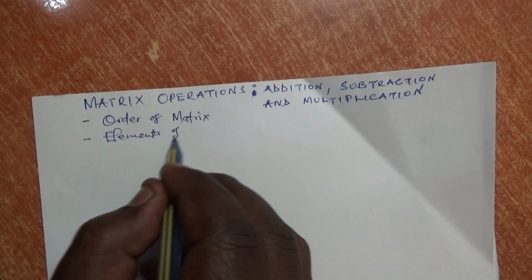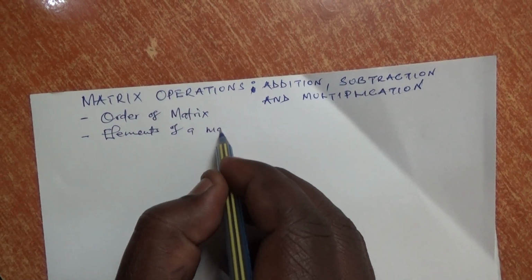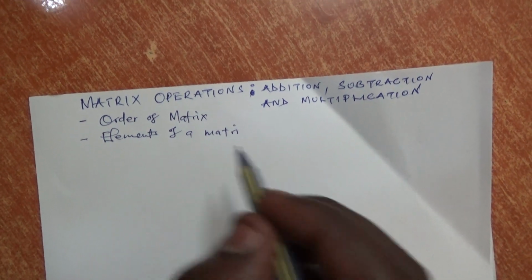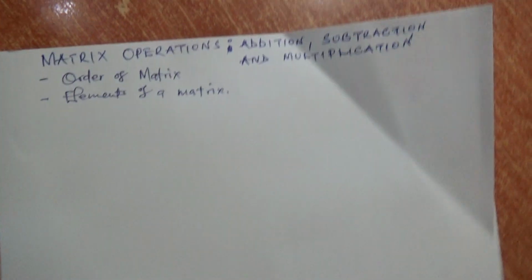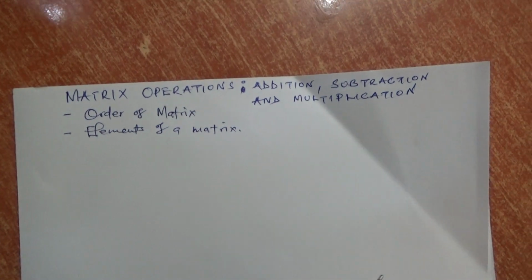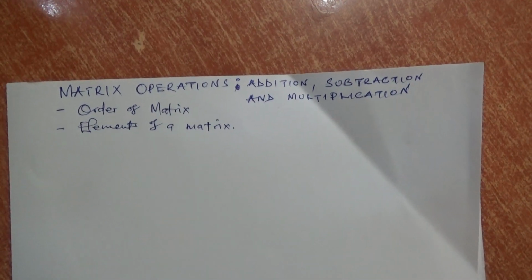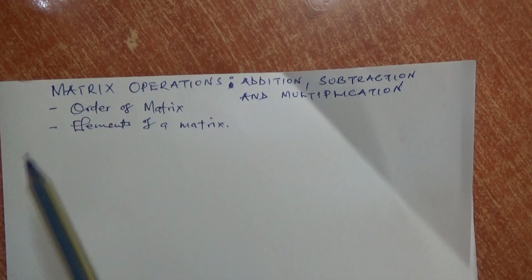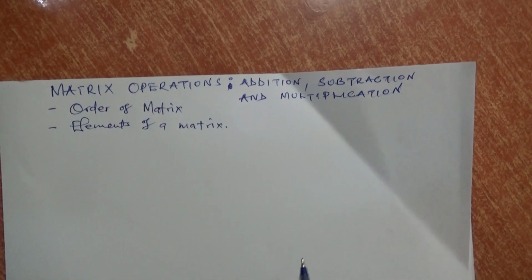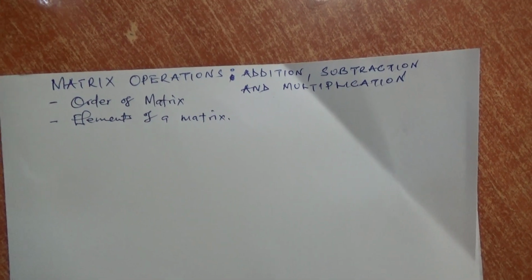Elements of a matrix. Okay? So these two terms are very important because you're going to use them as you talk about matrix operations. So what do I mean by that?